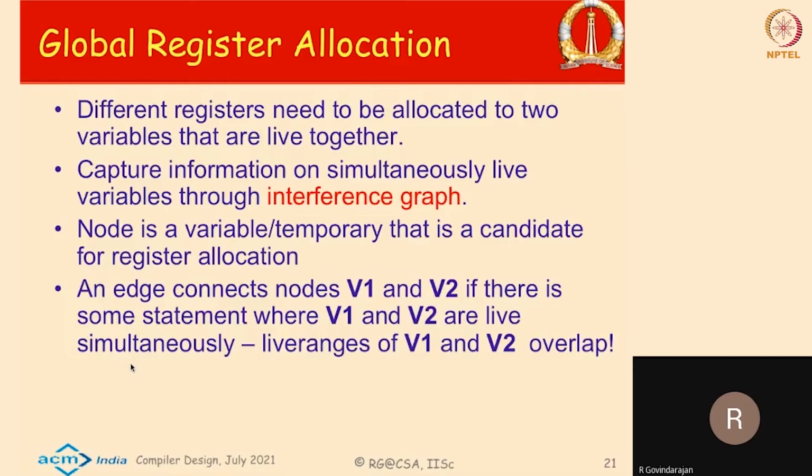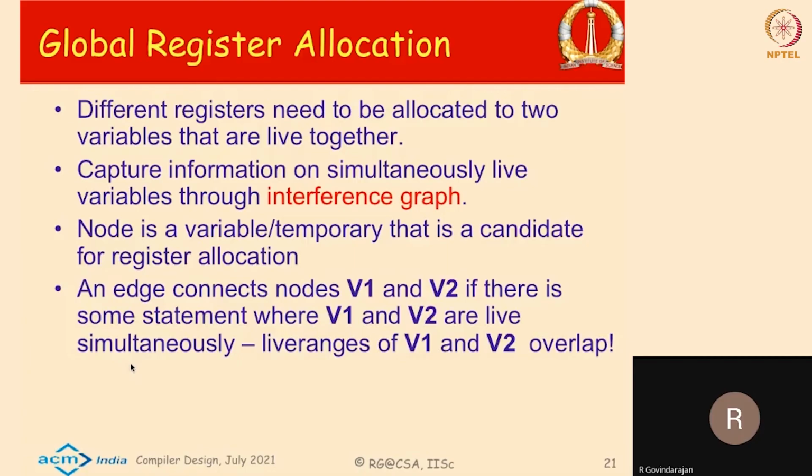So you have all your variables in your program, you have calculated their live ranges, and you have also calculated the information about which variables interfere with each other, or which variables conflict with which other variables. Now this entire information can be represented in the form of an interference graph, where the nodes of the graph are nothing but the variables in your program.